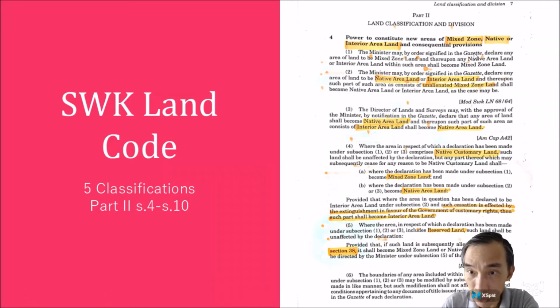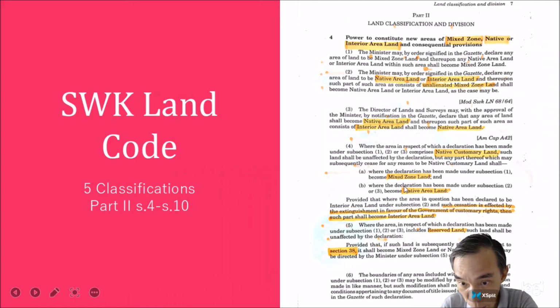If you read further, there is also native customary land, and as you move on, reserve land. So actually in Section 4, it classifies mixed zone, native area land and interior area land. These are 3 classified types.